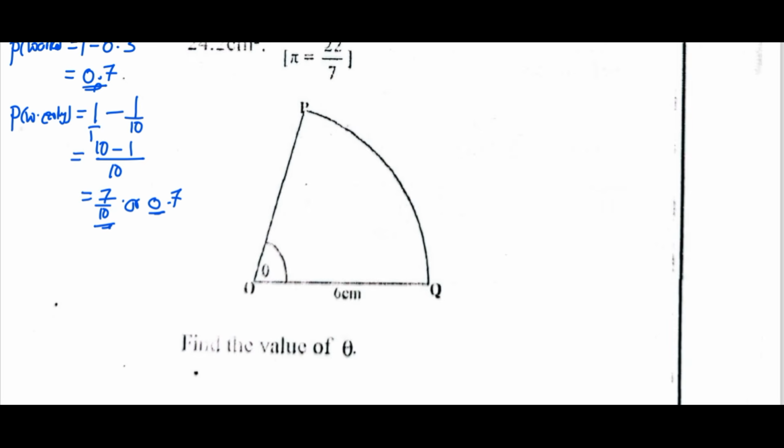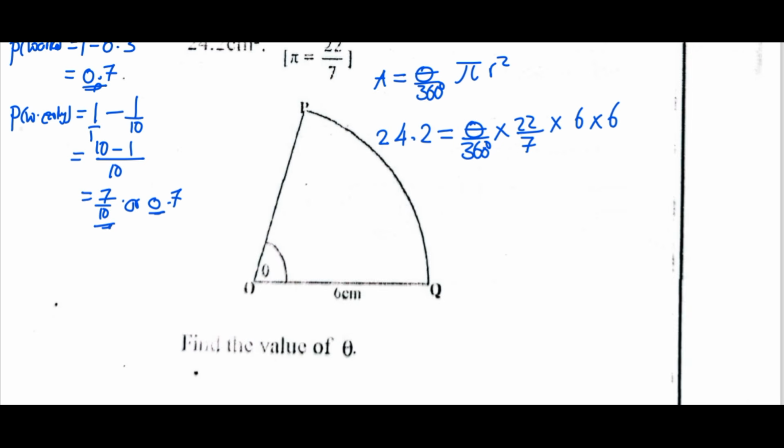We'll say area is equal to theta over 360 pi r squared. The area is given, 24.2, equal to theta, which is what we are solving for, over 360 times 22 over 7 times the radius, 6 times 6.